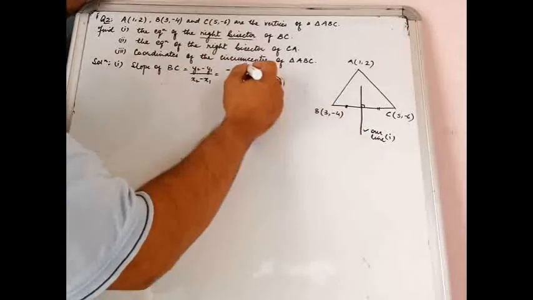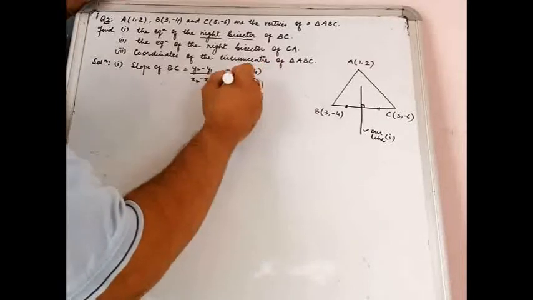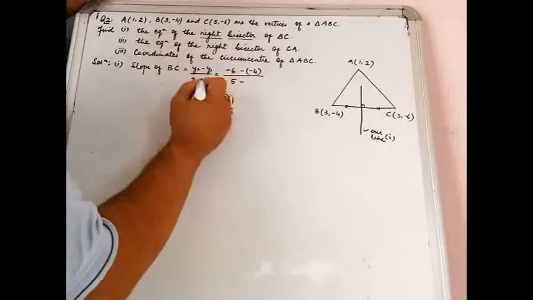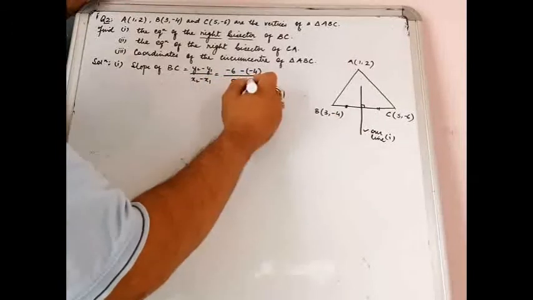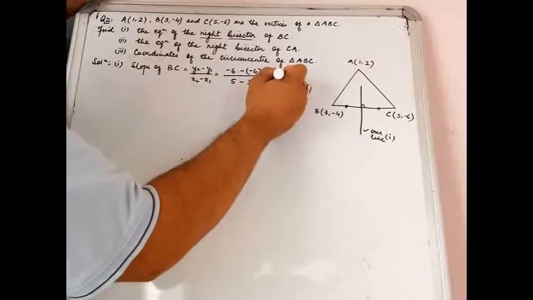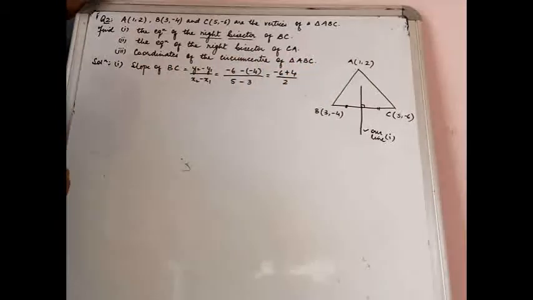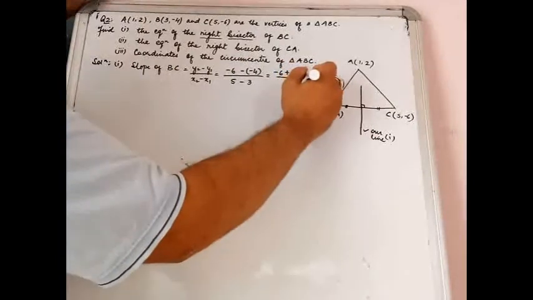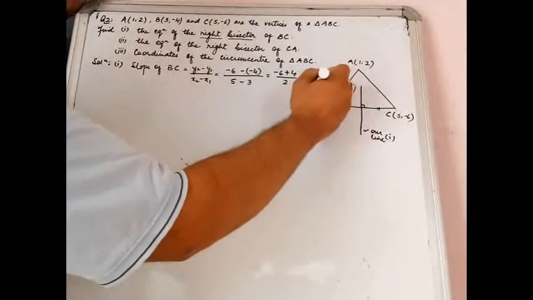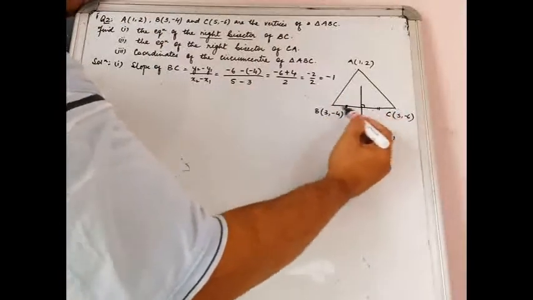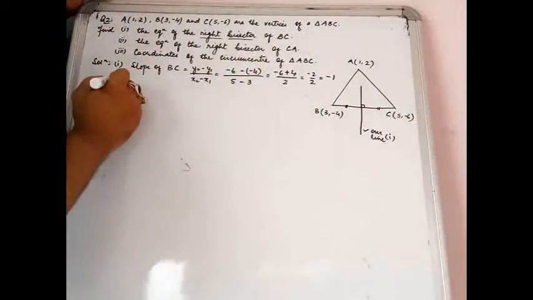So y1 is minus 4, so I am going to put minus 4 upon x2. x2 is 5 minus x1. x1 is 3. Okay. So minus 6 plus 4 upon 5 minus 3 is 2. Okay, so here you get minus 2 upon 2, which is minus 1. Okay, so the slope of BC is coming out to be minus 1.